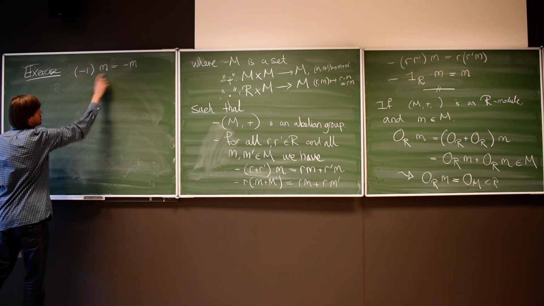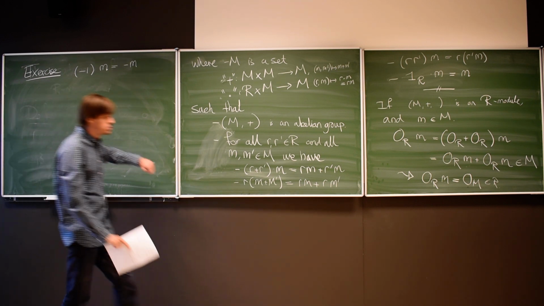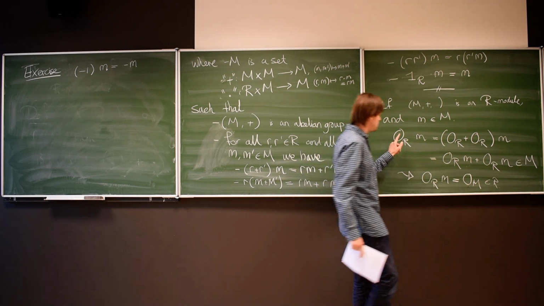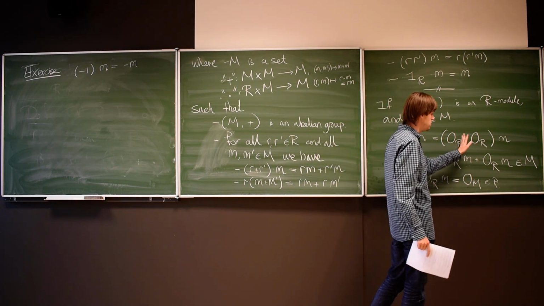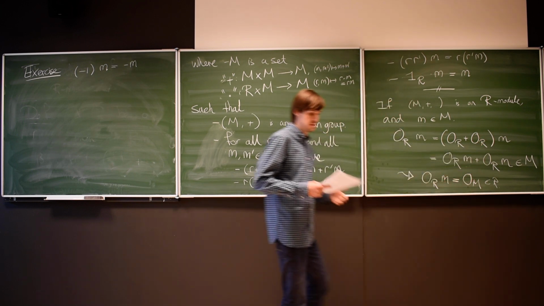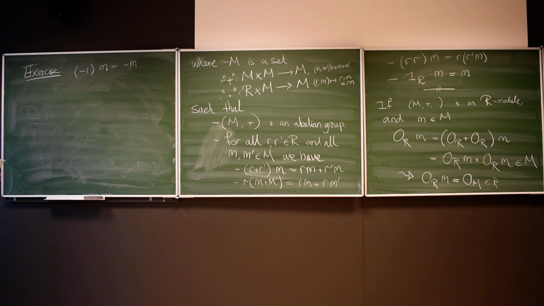So you can check that this is really equal to the inverse of m. The idea is, of course, instead of writing 0 equals 0 plus 0, you write 0 as 1 minus 1, and you expand, and you get the property. Okay, so to give some remarks.